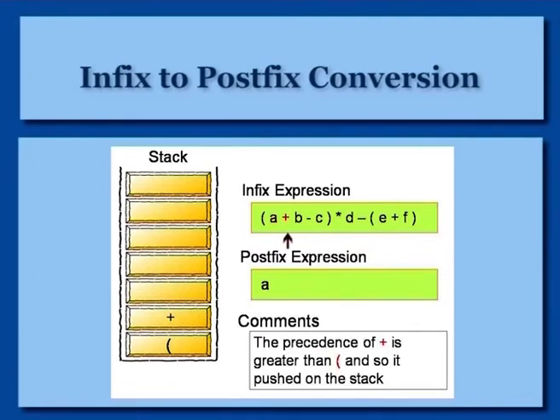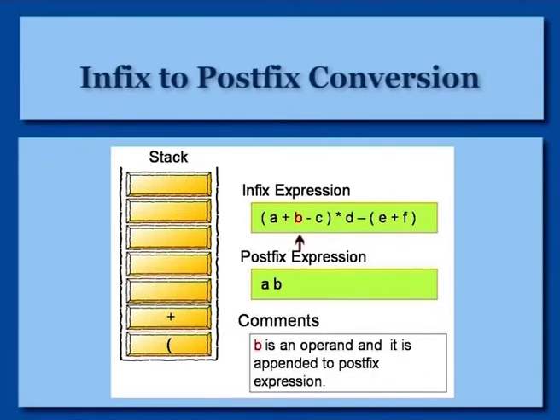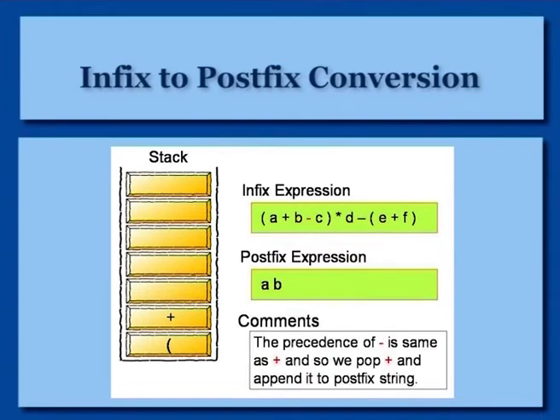The next character is addition operator. The character at top is an opening bracket and so the addition operator is pushed onto the stack. The next character b is an operand and it is appended to postfix string. The next character is subtraction operator.